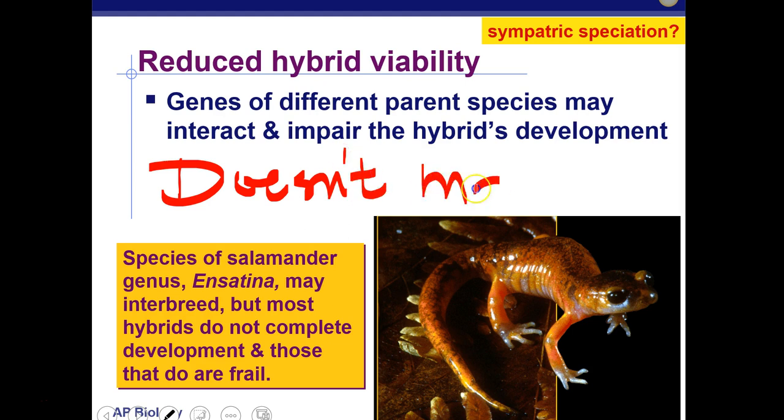The child doesn't mature, does not have children of its own. Depending on the species, like for example the salamander here, it's very frail. It dies off very quickly, and it never has kids of its own.